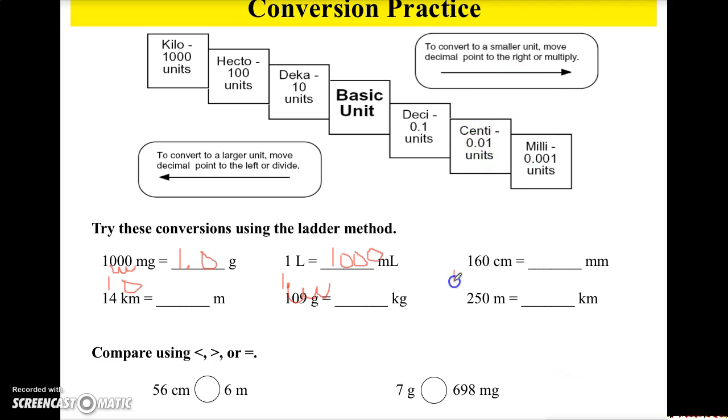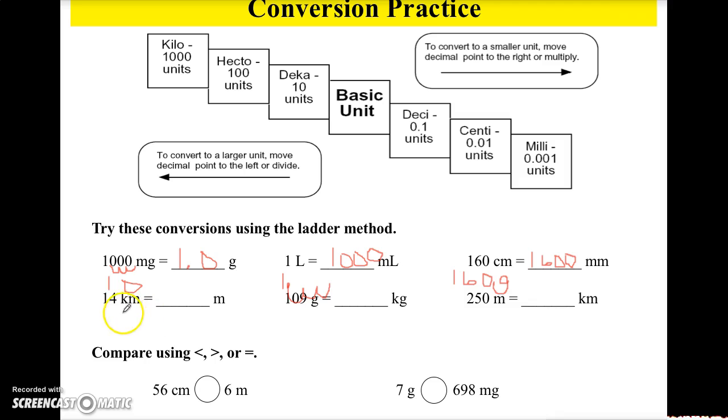So I'm going to rewrite my number to make this easy and hop over. There's my decimal point right there. Hop over 1 to the right, put in my 0, and that is 1,600 millimeters.